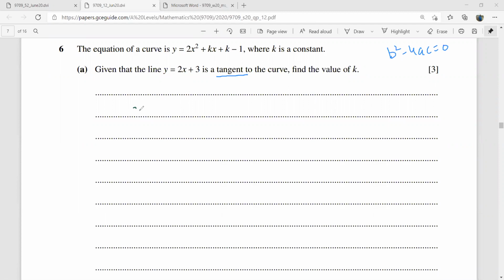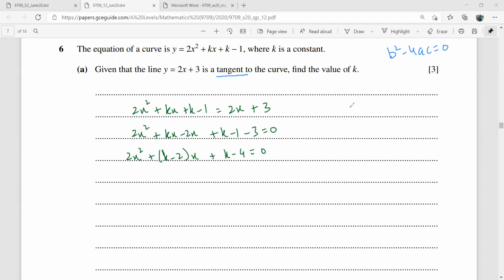So I have 2x squared plus kx plus k minus 1 equal to 2x plus 3. So we have 2x squared plus kx minus 2x plus k minus 1 minus 3 equal to 0. This gives us 2x squared plus (k minus 2)x plus (k minus 4) equal to 0.